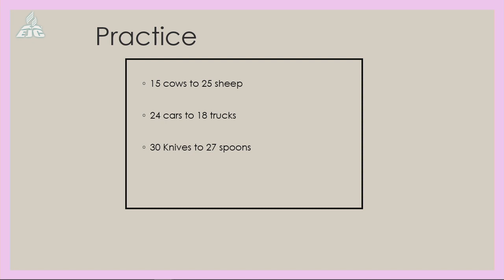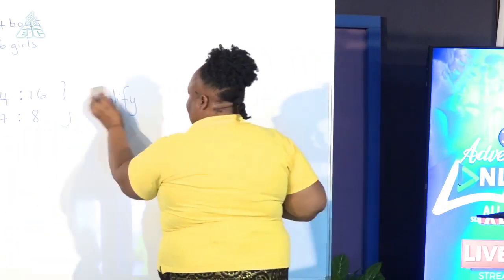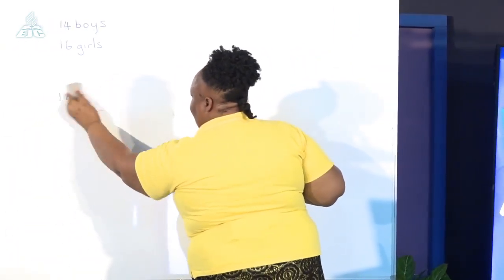And what's our HCF for 15 cows to 25 sheep? Very good. 5. 5 would be our HCF. So I'm going to go to the board. Hope I'm not leaving anybody behind.